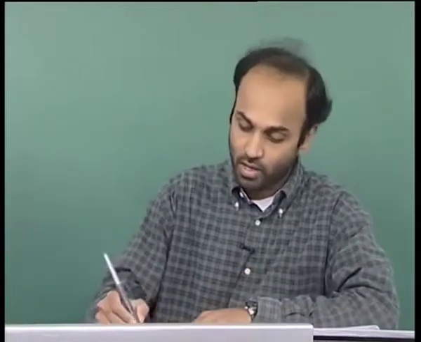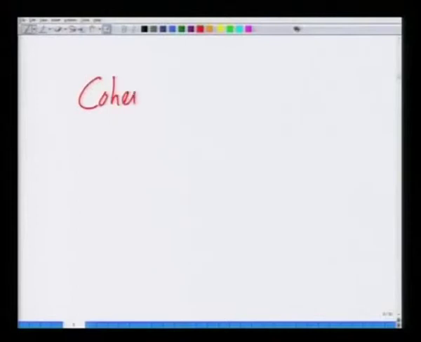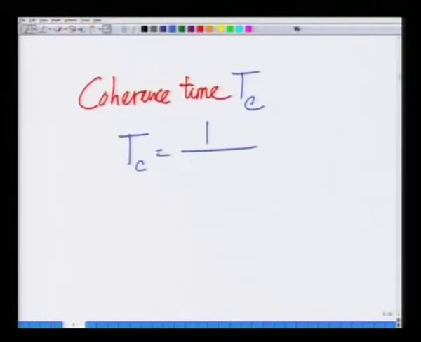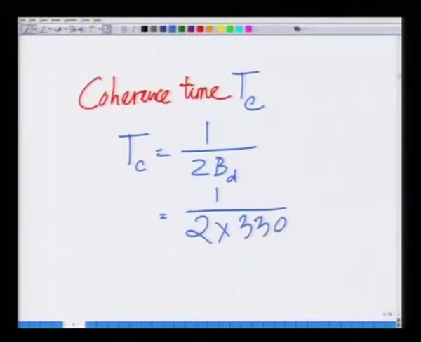Hence, the coherence time T c equals 1 over 2 B D equals 1 over 2 into 330 hertz.